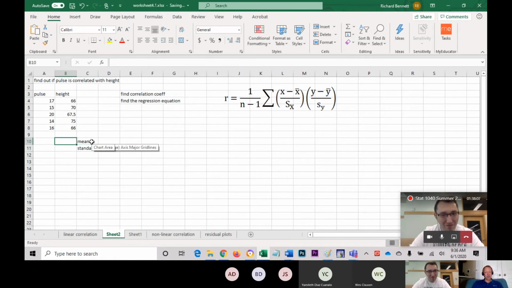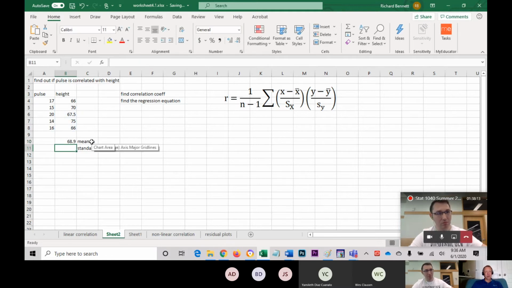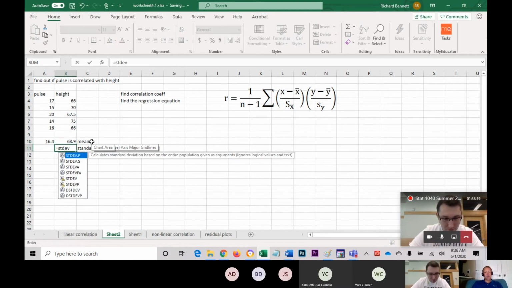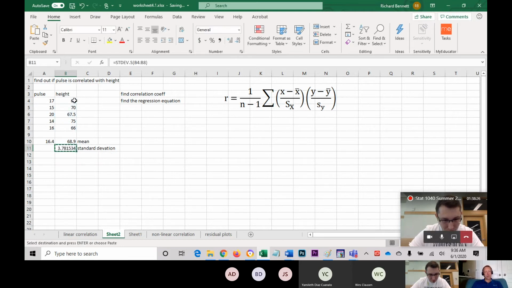Okay, so the mean is almost 69 inches and 16.4. And the standard deviation, remember it's always the sample one on these, is 3.78 inches and 2.3 beats per 15 seconds.